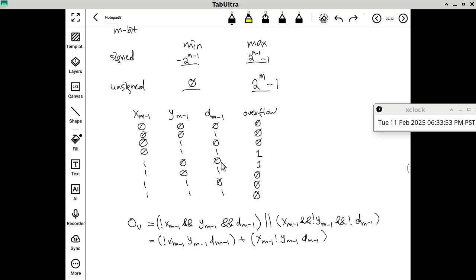Yep. That's a general idea. You can, but as a Boolean expression, oh, I forgot about this exclamation point here.